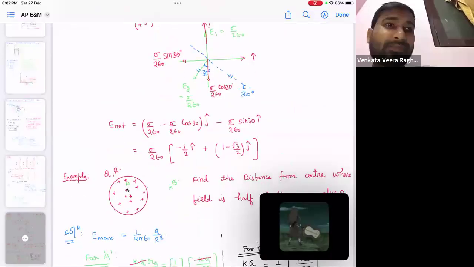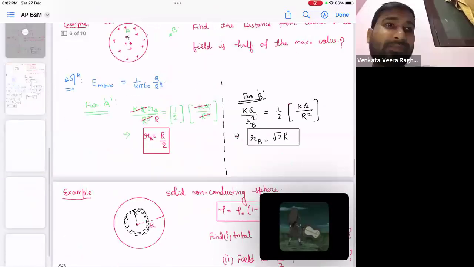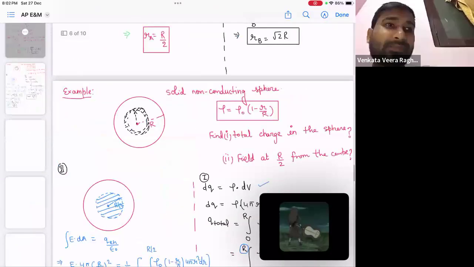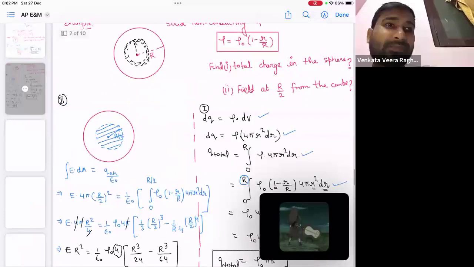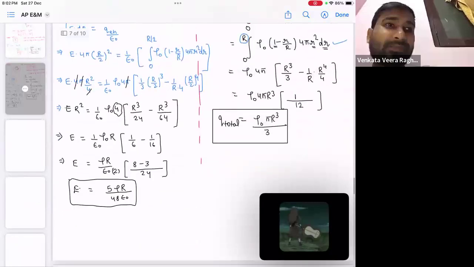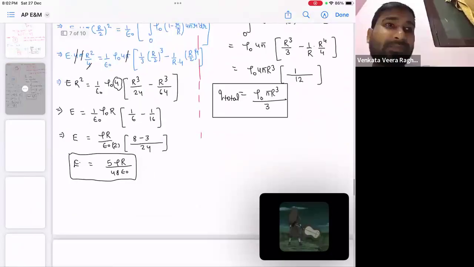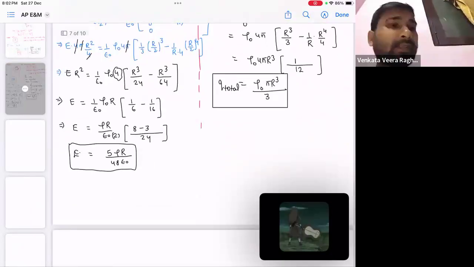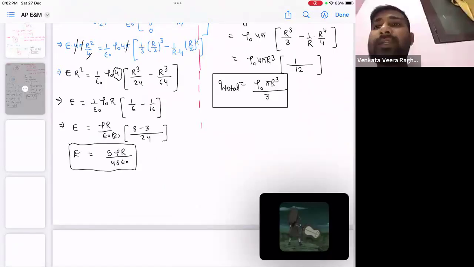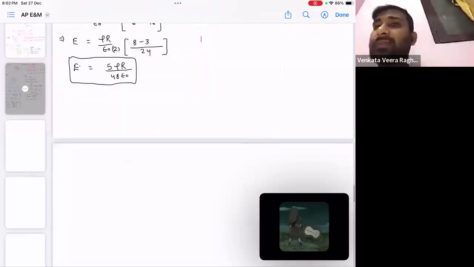And one example we have taken where the charge density was given variable. So in that case also we have calculated how to find the electric field. So these were the applications of the Gauss law to calculate the electric field due to different types of charge distribution. Now let's start with the electric potential energy.